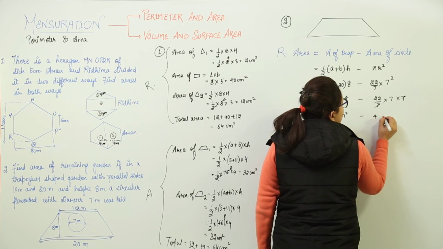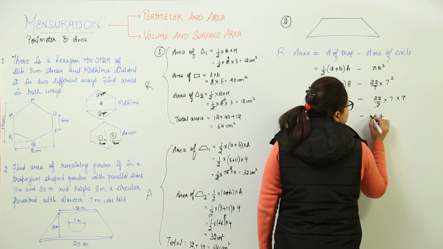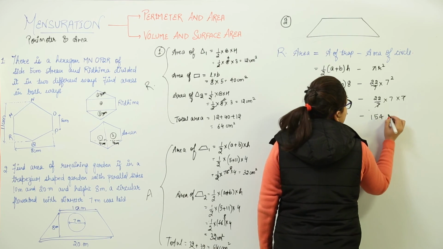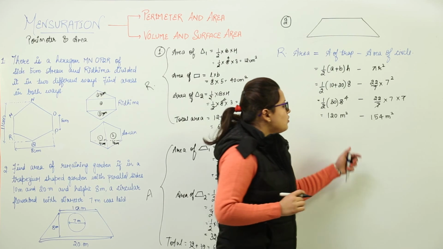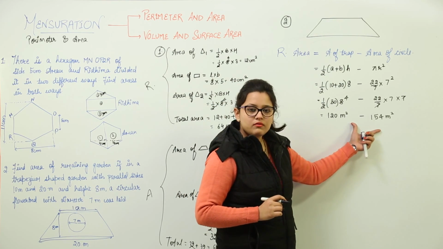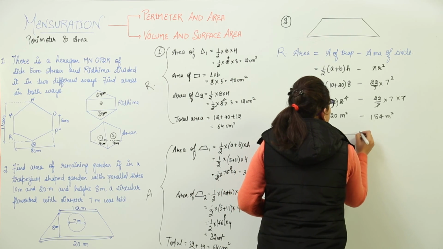What do we get? 7 2s are 14 and 1, 54. So we get 154 meter square. Right? Over here we can see that we have already got the areas. So now what we will do is subtract them and get our answer.